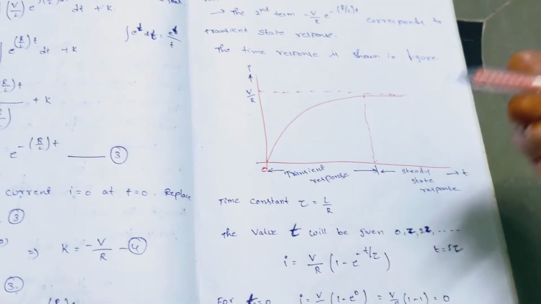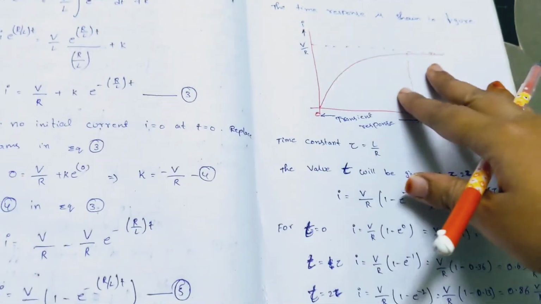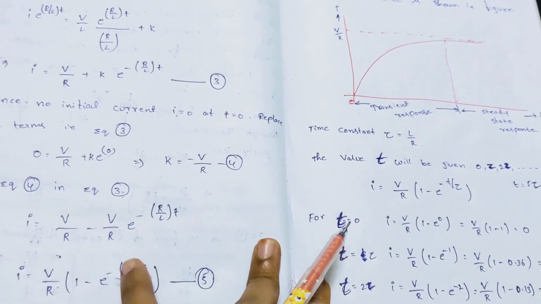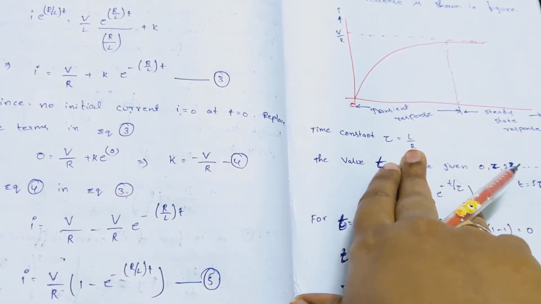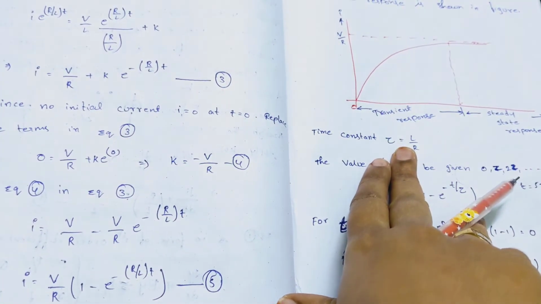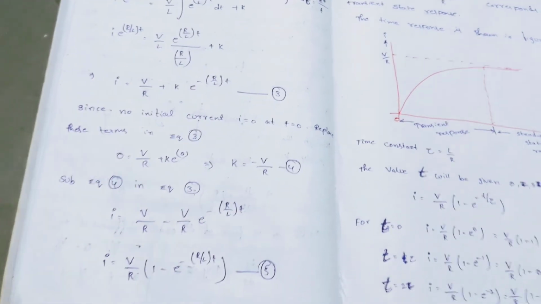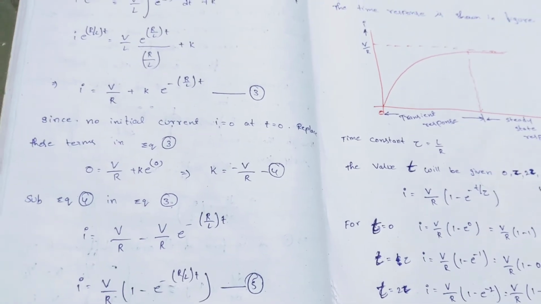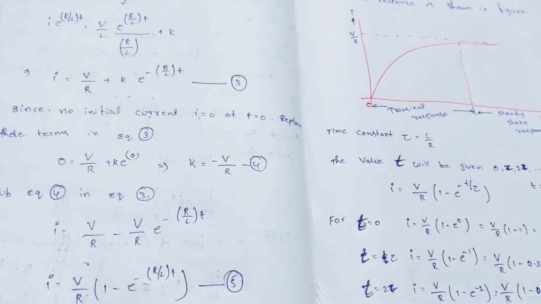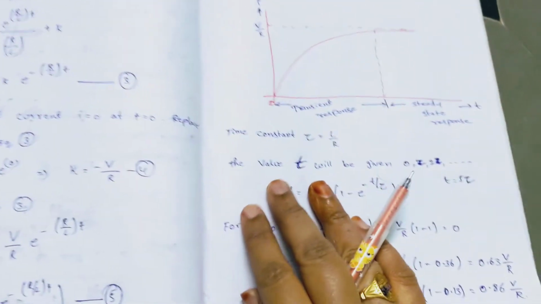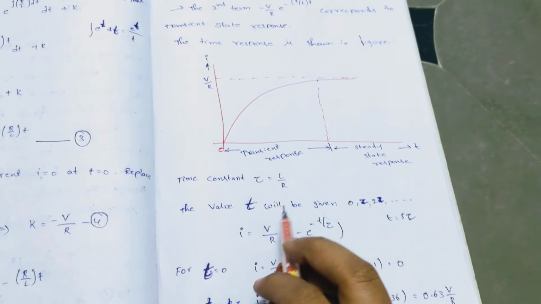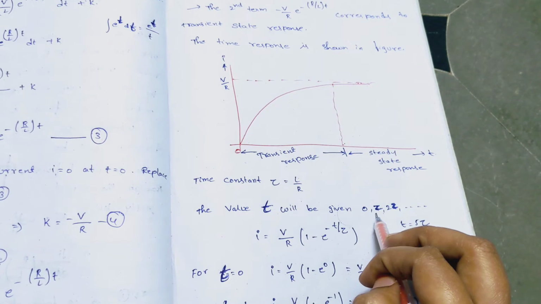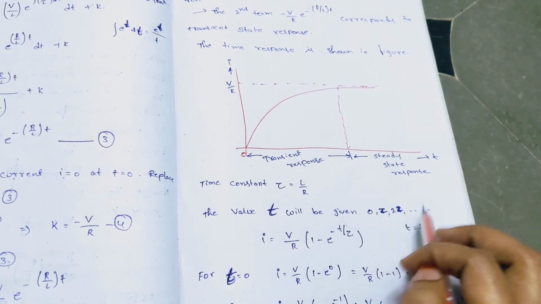To plot this graph, I consider L by R as your time constant. We already know that the transients will be available up to 5 time constants, so the value of t can be given in terms of time constants: 0, tau, 2 tau, 3 tau, up to 5 tau.